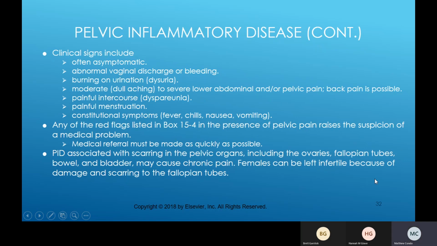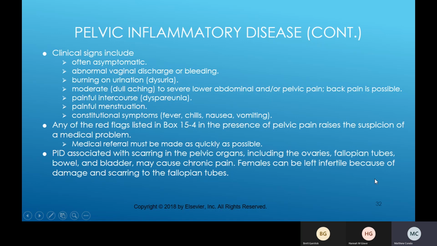So what we're going to see is abnormal discharge and bleeding. It could burn with urination. They could have painful intercourse or painful menstruation. Again, if my patient's telling me those things, but they're here for back pain or SI pain, it still could be back pain or SI pain, right?